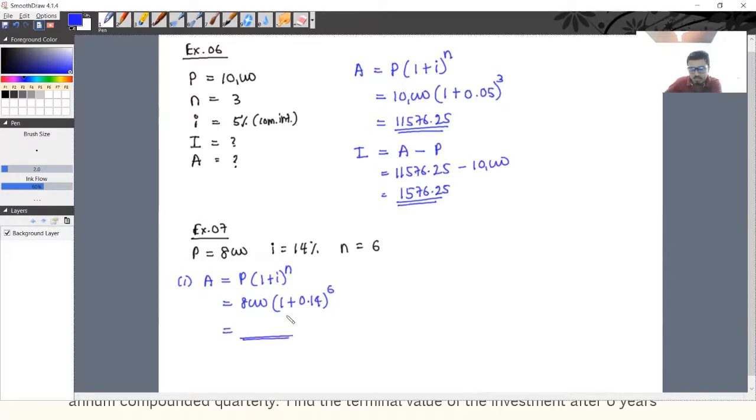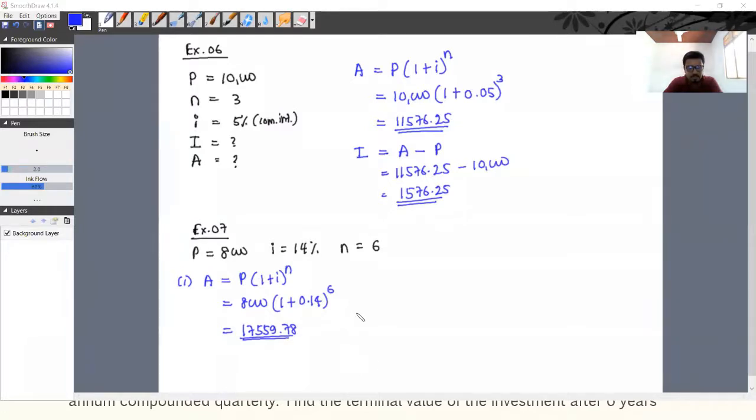So total amount at the end of the 6-year period should be what then? 1.14 to the power 6 into 8,000. That is 17,559.78.